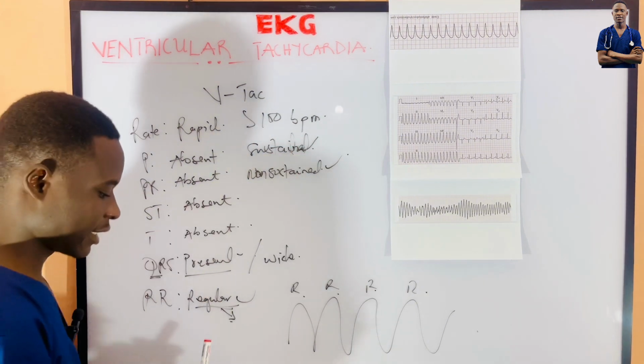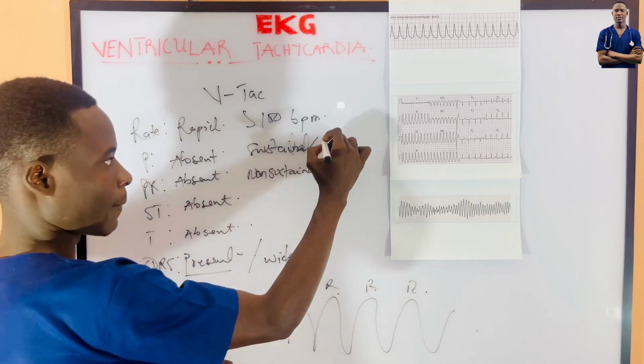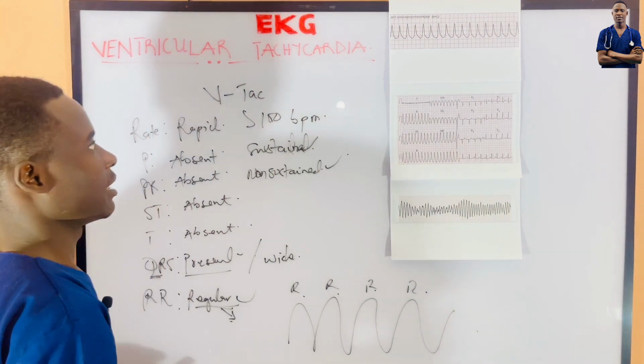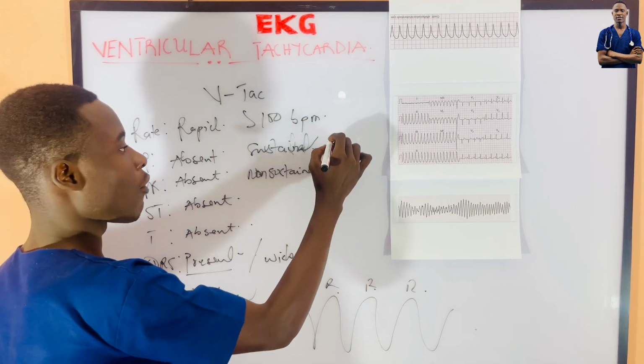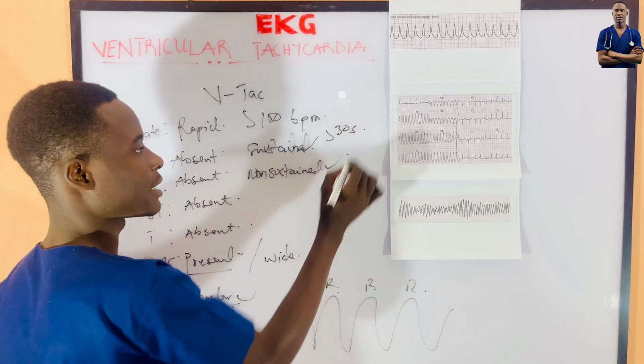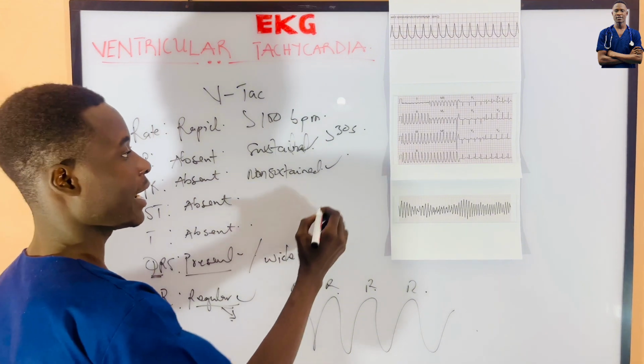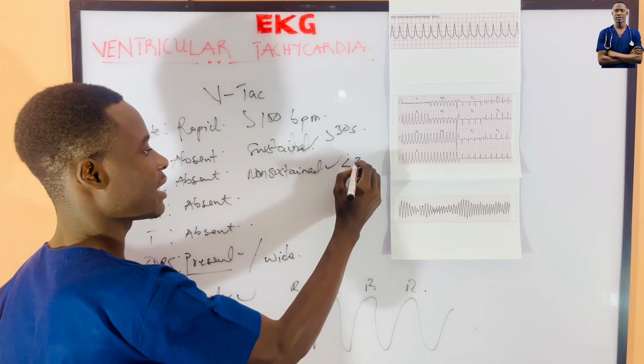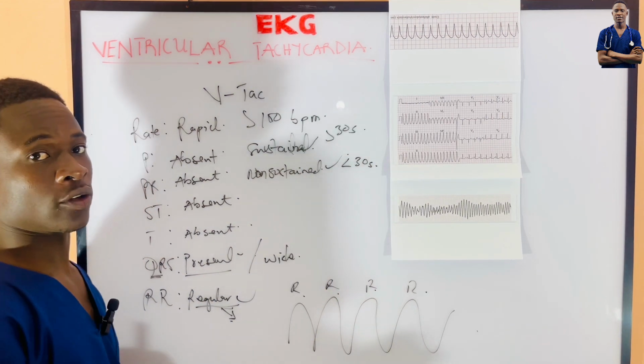Sustained is where the patient gets the ventricular tachycardia for more than 30 seconds, and non-sustained is when the ventricular tachycardia happens for less than 30 seconds. So we should take note of it.